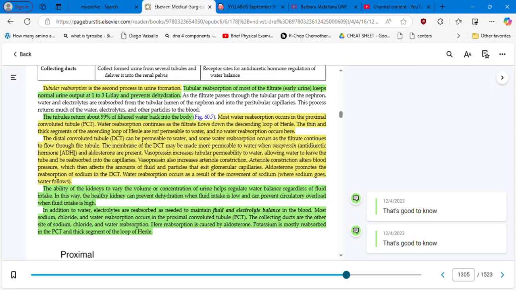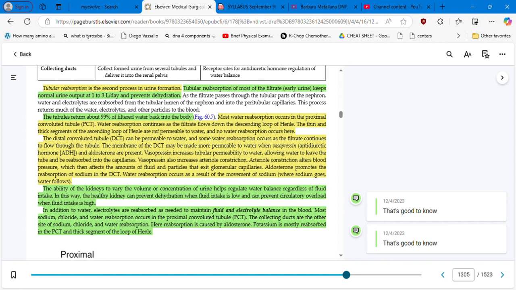This is a very important definition. The distal convoluted tubule, the DCT, can be permeable to water and some water reabsorption occurs as the filtrate continues to flow through the tubule.